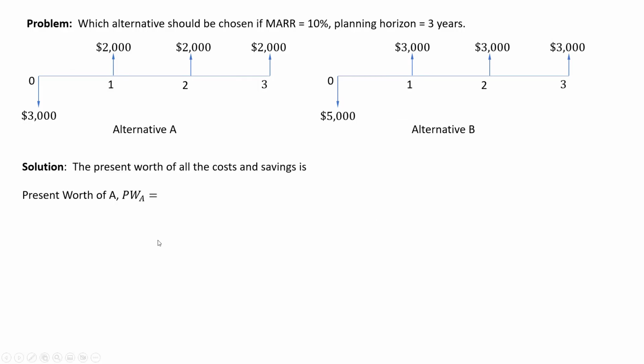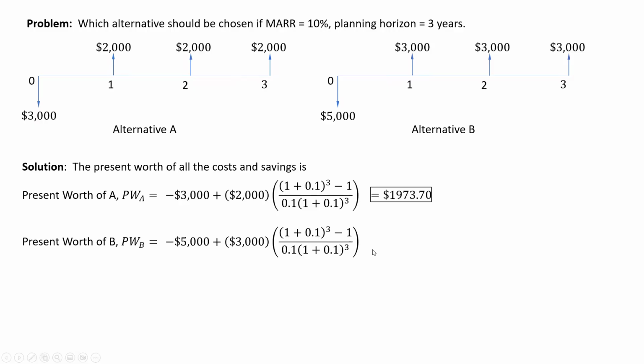Present worth of alternative A is minus 3,000 plus 2,000 times the uniform series present worth factor. This turns out to be 1,973.70. And the same analysis for B gives you 2,460. So which one should we pick? We should pick alternative B, right? Cool.